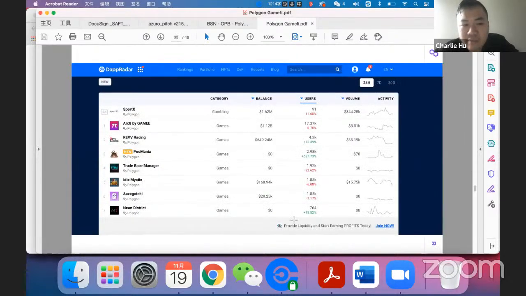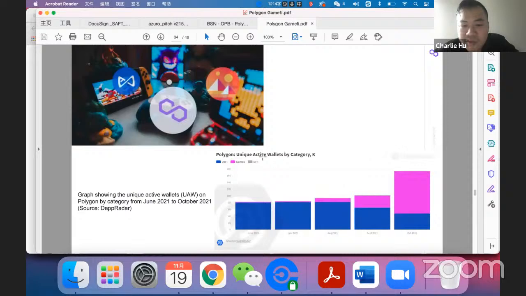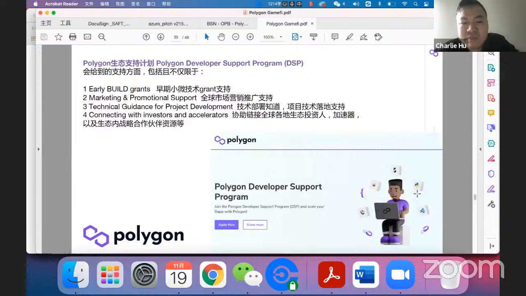And from what we can see here, the unique active wallet addresses in June were mostly on DeFi, and now the majority are actually on the gaming side. Because of the gaming side, a lot of the files, wallet addresses, metadata and so on need to be stored somewhere. So I think that's an increasing amount of demand on the storage side.